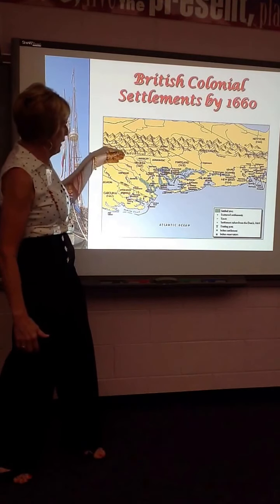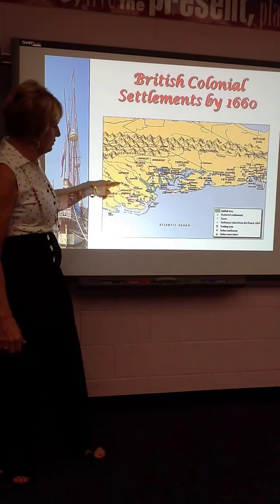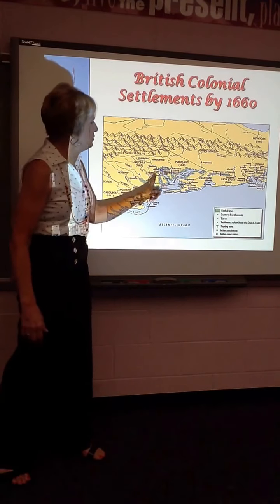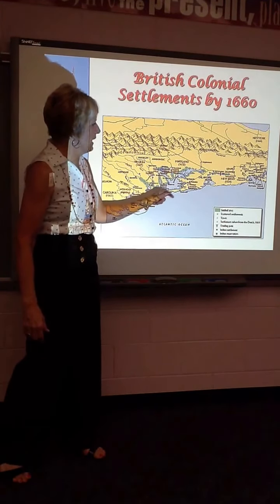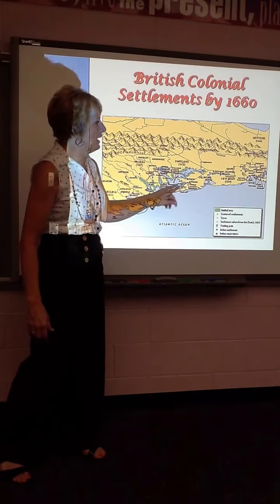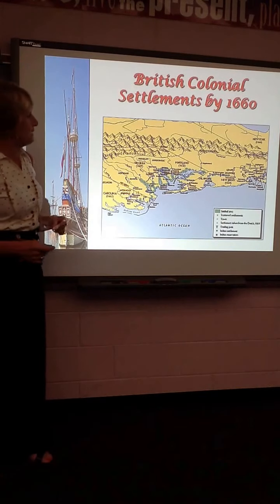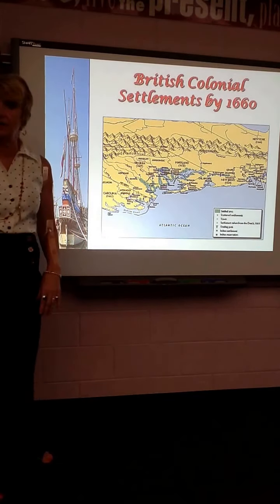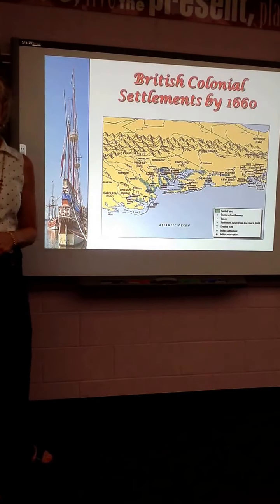They began to move west to the mountains, they began to move south into today what we know as North Carolina, and they began to move up the coast and go into Maryland and go into Delaware. And so they began to expand. And so by 1660, there were settlements, the Virginia colony was now alone, all along the coast of North America.